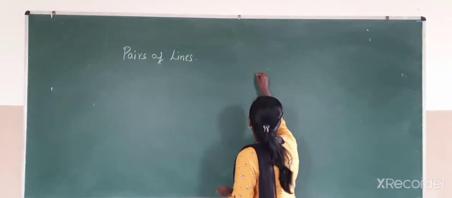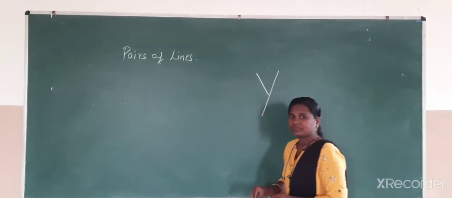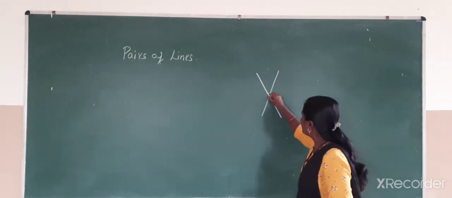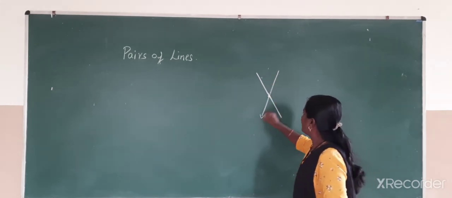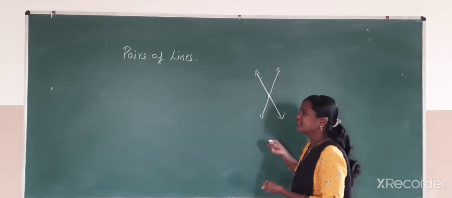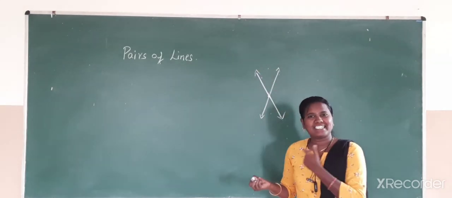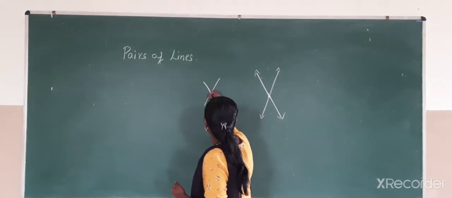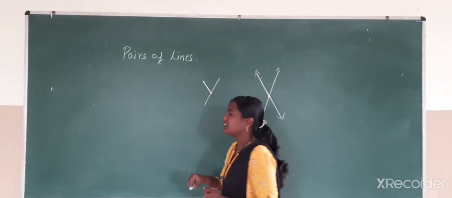Or if you take the letter Y, if I extend this, or X, these two lines are intersecting. Those are intersecting lines.